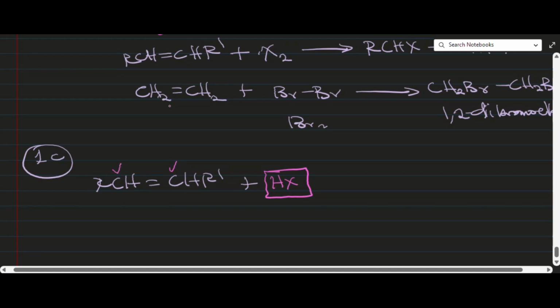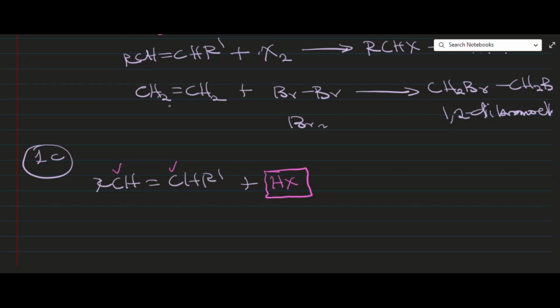To determine where hydrogen will go, we use Markovnikov rule. The rule says that the hydrogen atom adds to the carbon of the double bond that already has more hydrogen atoms. That is, the rich will get richer. The carbon atom that has more hydrogen atoms will attract the incoming hydrogen atom.